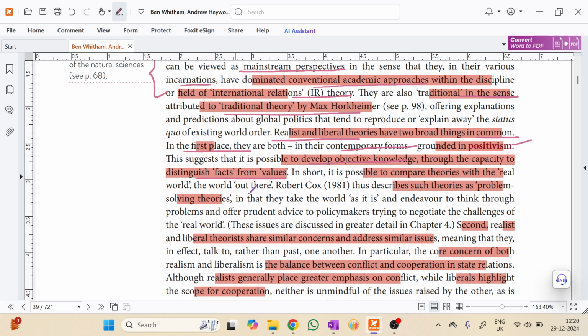So the first common ground is that both theories deal with the real world, and it is possible to compare both theories and find analogous events from the real world itself.